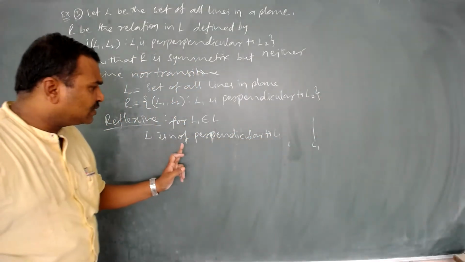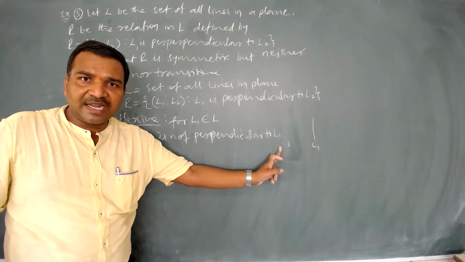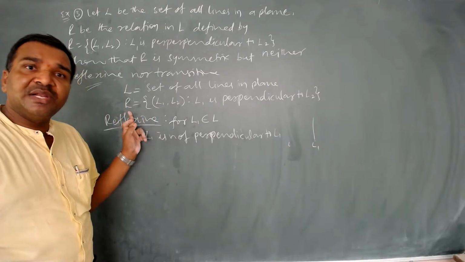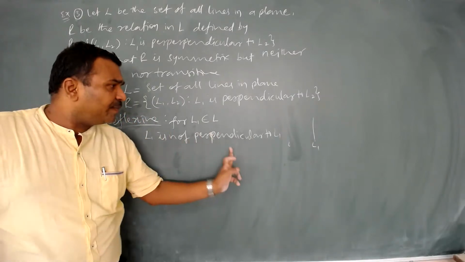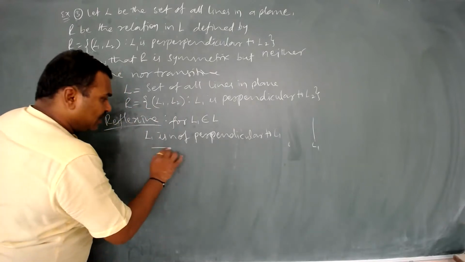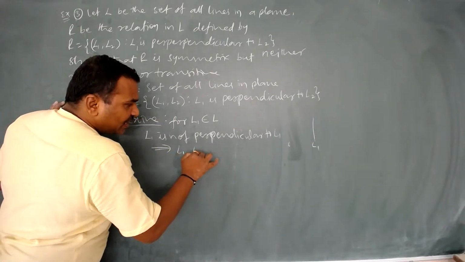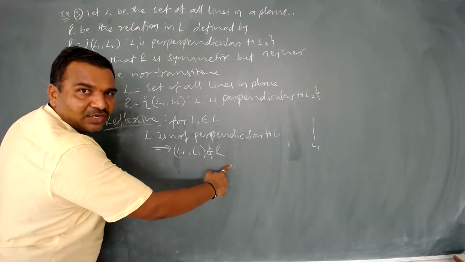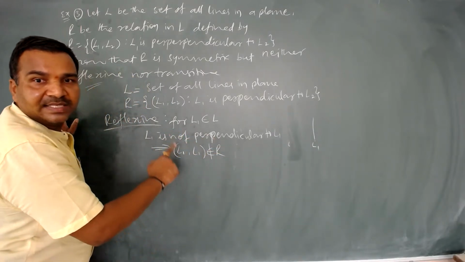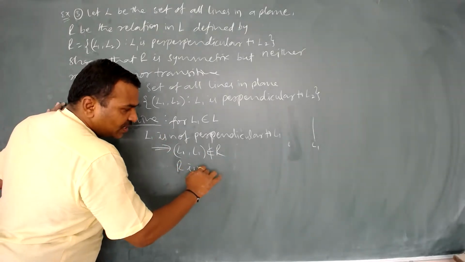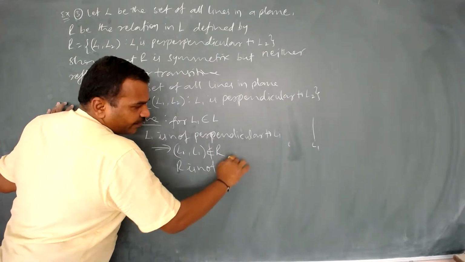If L1 is perpendicular to L1, then we can say (L1, L1) belongs to R. L1 is not perpendicular to L1 means (L1, L1) does not belong to R. So (A, A) does not belong to R. Then R is not reflexive. Therefore, R is not reflexive.